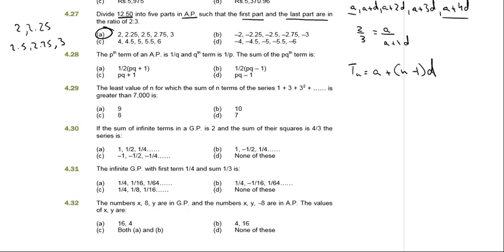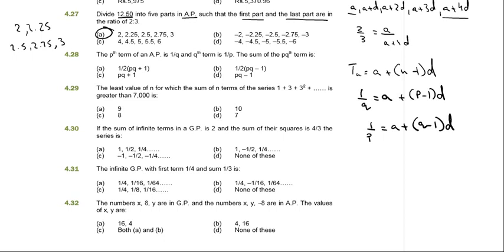Our pth term is 1 over q, so 1 over q is equal to a plus p minus 1 into d. Likewise, it says that the qth term is 1 over p. So 1 over p is equal to a plus q minus 1 d.